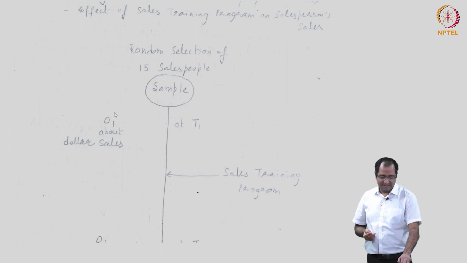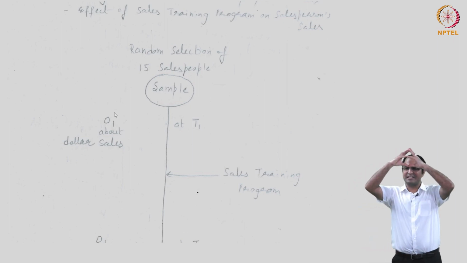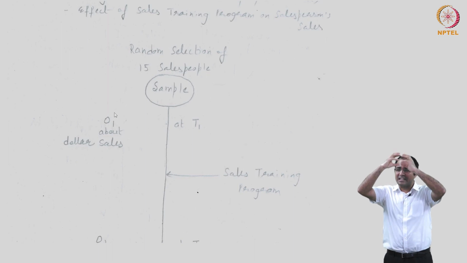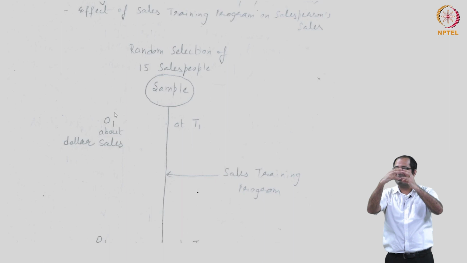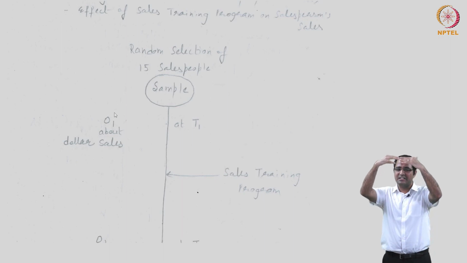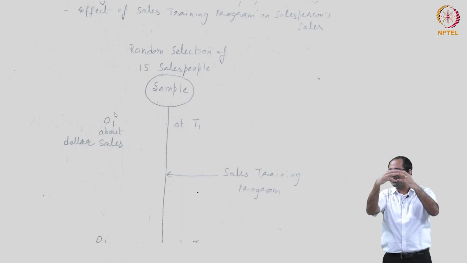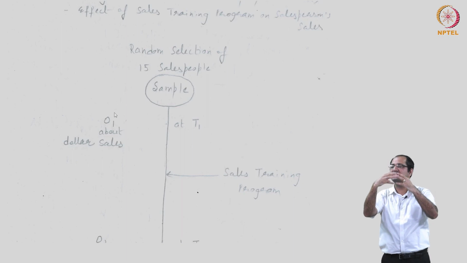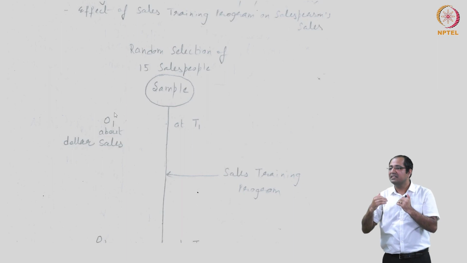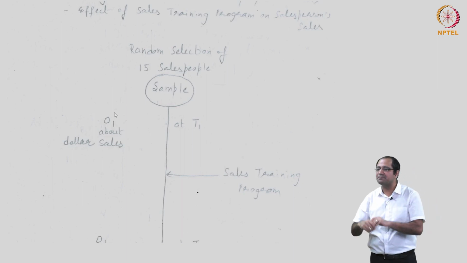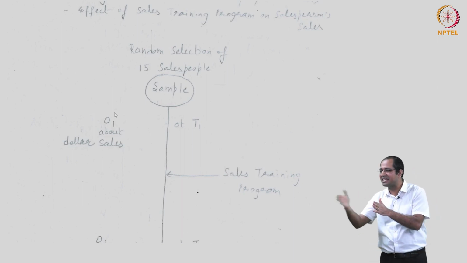So the sample is selected randomly, their current performance is noted down, and a training program is given after the readings were noted. The training program is also called a treatment. And then the observations are taken about their sales performance for the next 3 months.